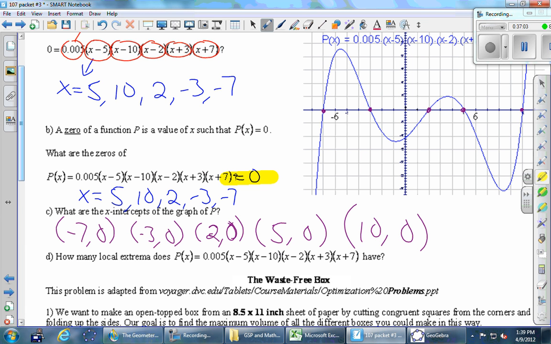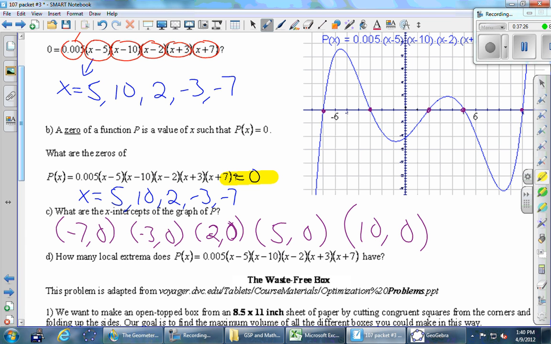You let y equal 0. Okay, so I'm hoping it's obvious that the x-intercepts match up with the zeros, but it's a little bit of vocabulary. We're going to see it again real soon, but I just want it to be clear, it feels like we're not doing anything, but that's an important thing that just happened there, that x-intercepts are exactly the same as zeros. Okay, we'll go to D.